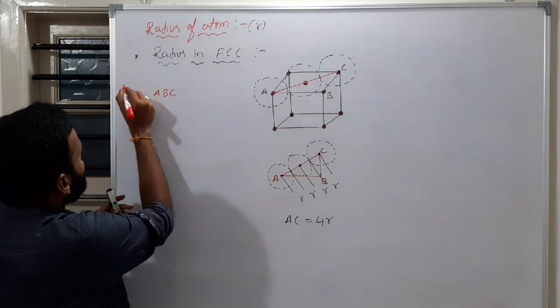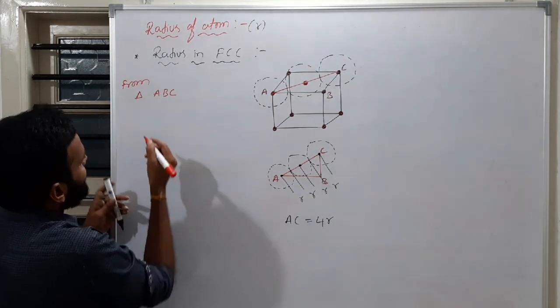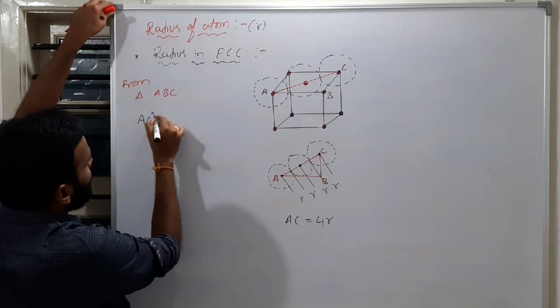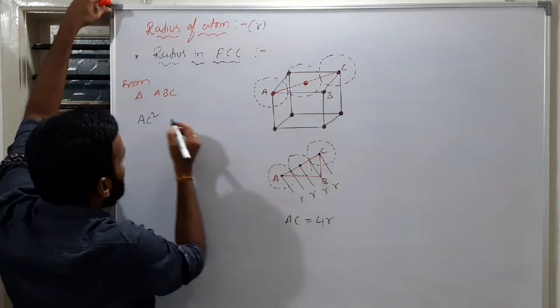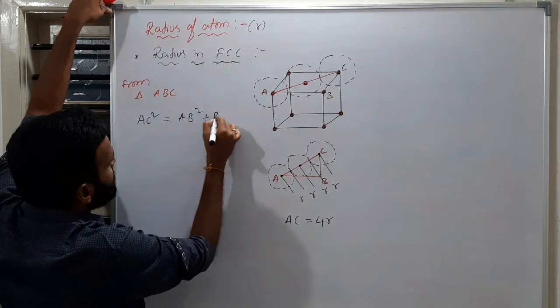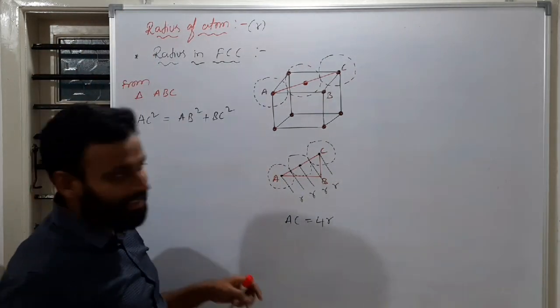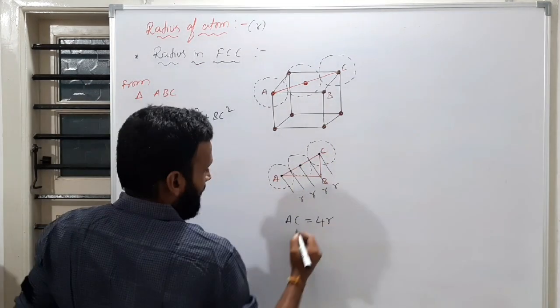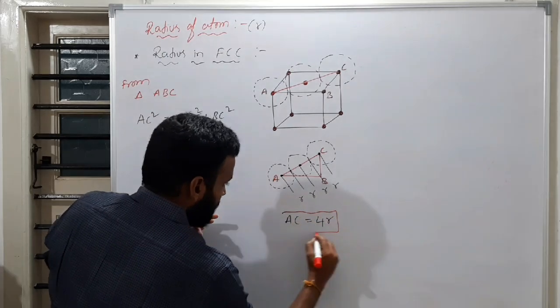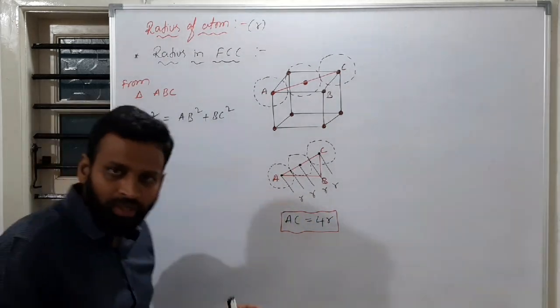So from triangle ABC, you can say that AC square is equal to AB square plus BC square, right? Correct? Here AC is 4R.